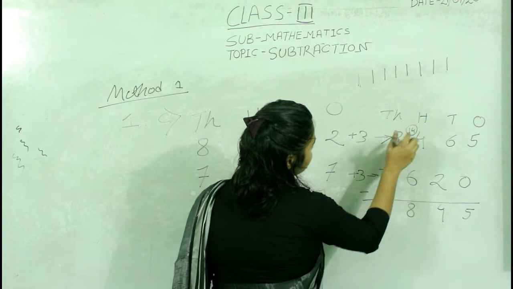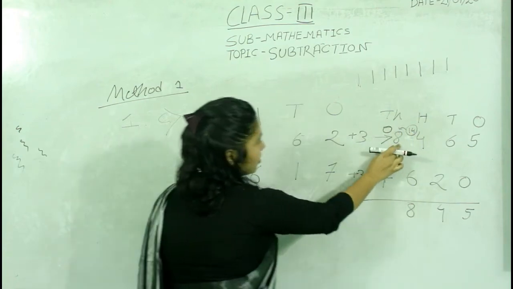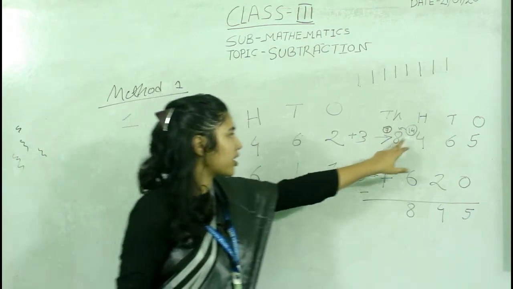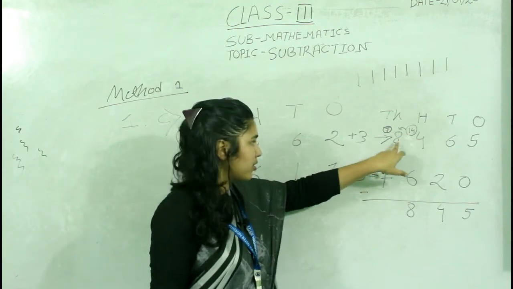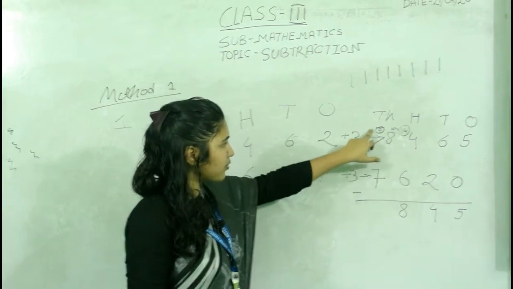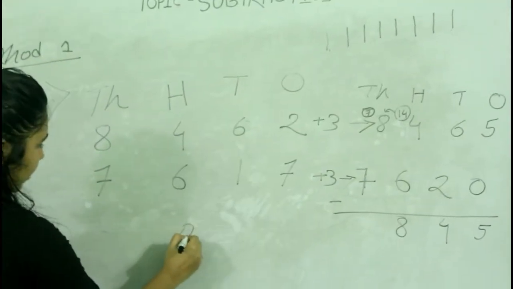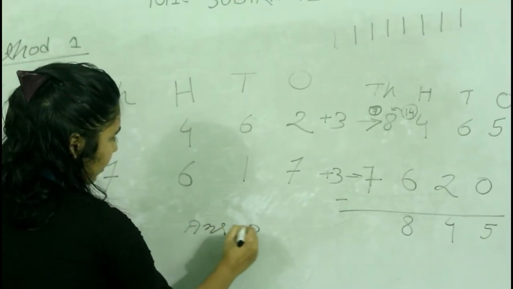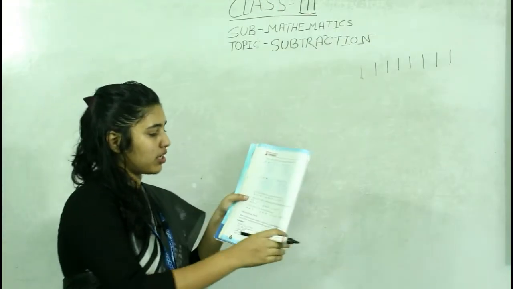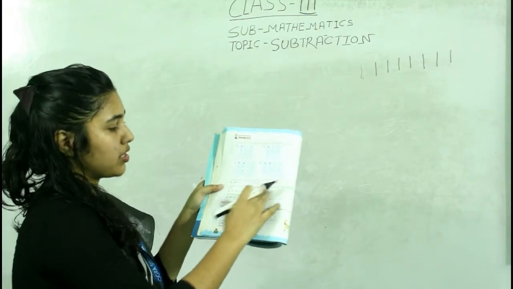Now subtract this borrowed 1 from 8, which is 7. Now subtract 7 from 7, that means 0. So our answer is 845.